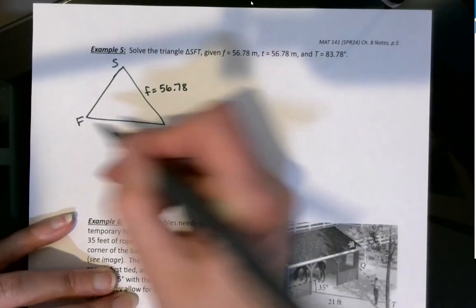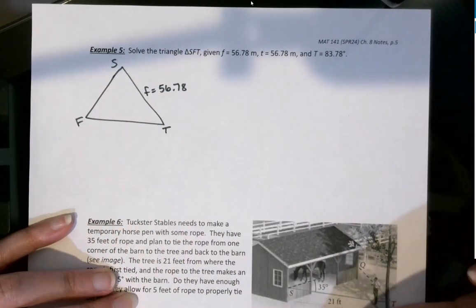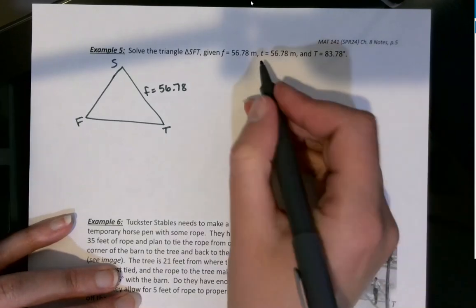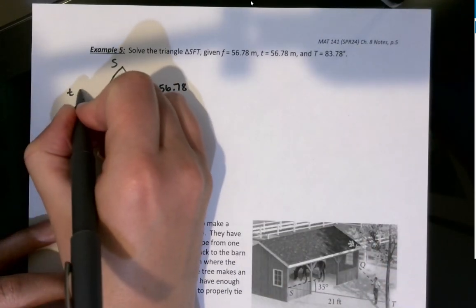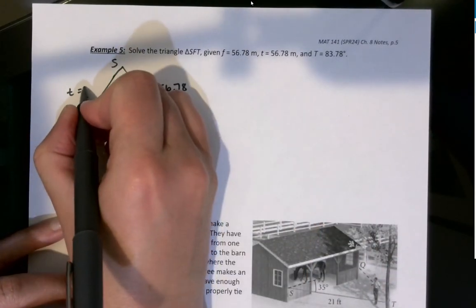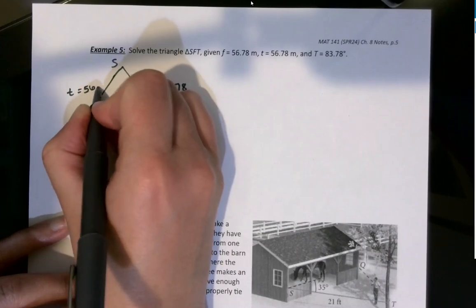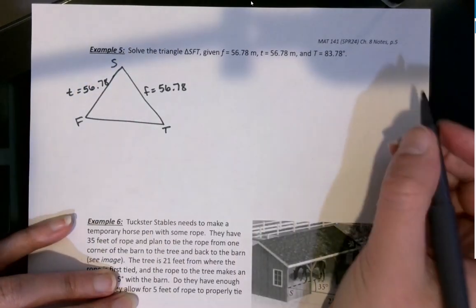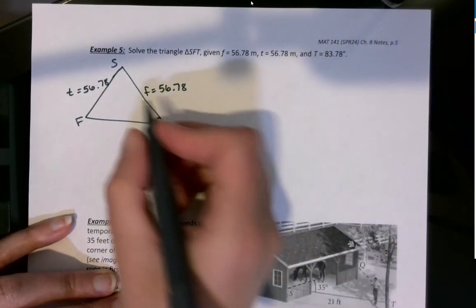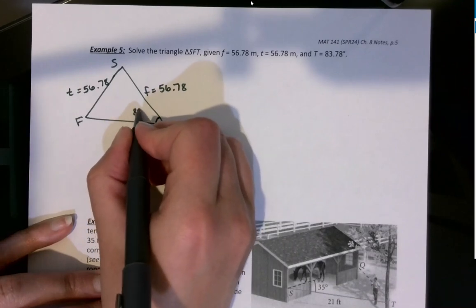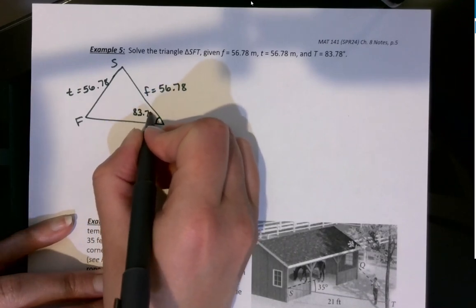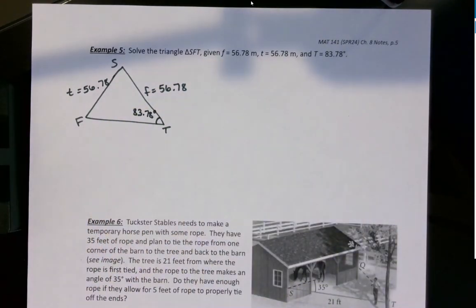What matters is that I position the angle across from the side of the same name. So side T must be across from angle T, and it has a measure of 56.78. And the angle that we're given here, angle T, is 83.78 degrees. Okay, let's solve this one.